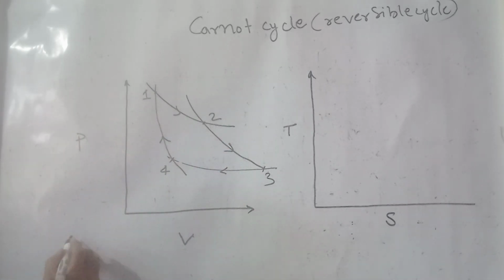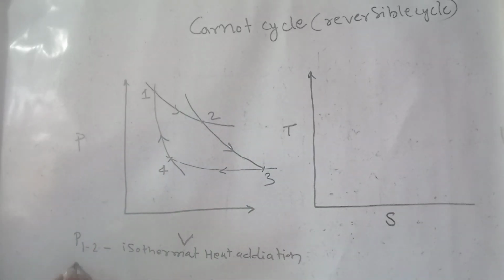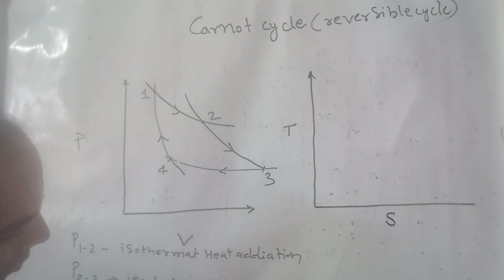Now 1 to 2, this is represented by P12. It is an isothermal heat addition process. Process 2 to 3, named P23, is an isentropic expansion process.